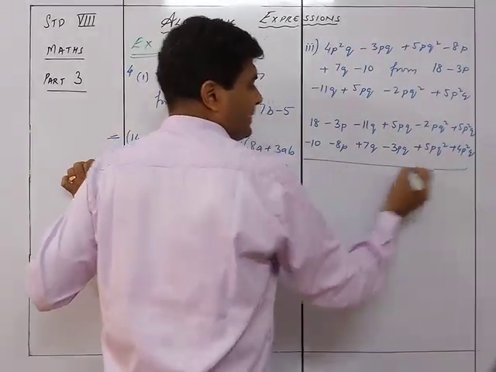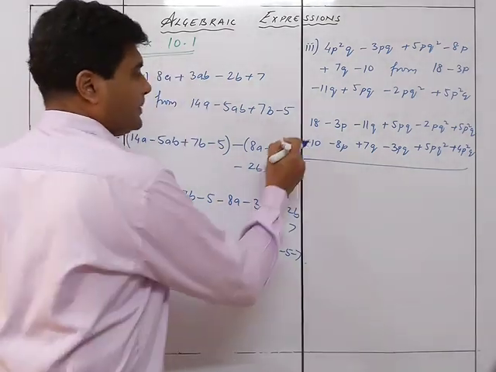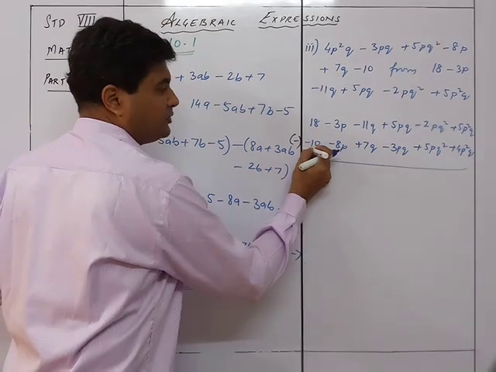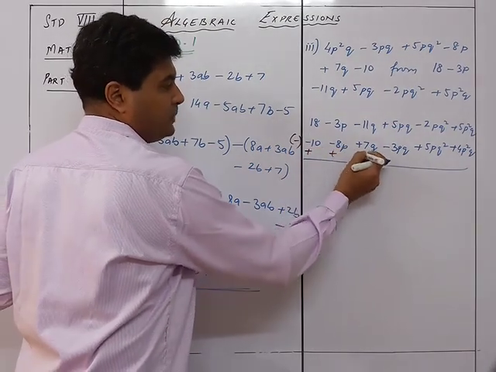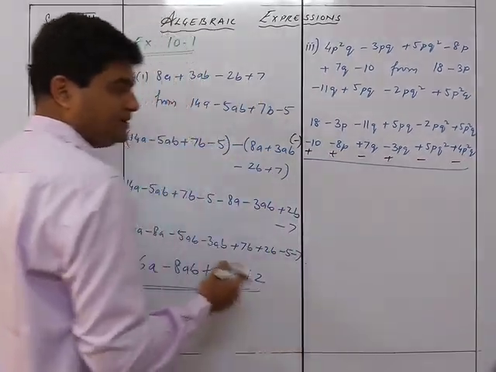Now since it is subtraction, I'll use the subtraction sign here. So accordingly all the signs change. This minus becomes plus, minus becomes plus, plus becomes minus, minus becomes plus, plus becomes minus, minus becomes plus, plus becomes minus.